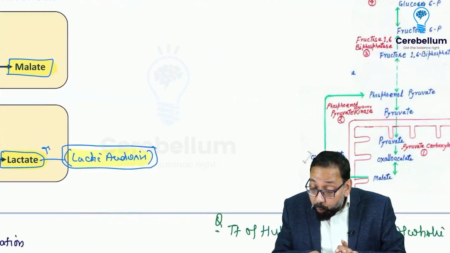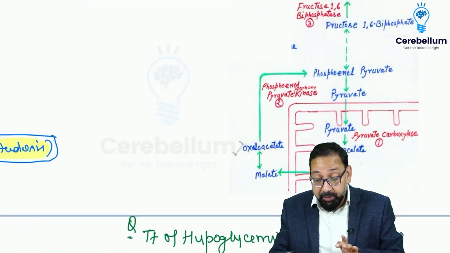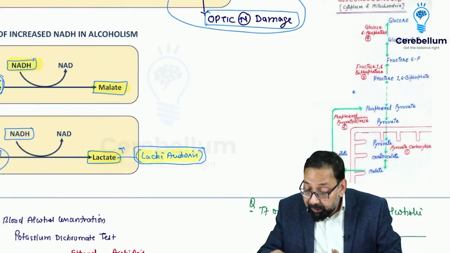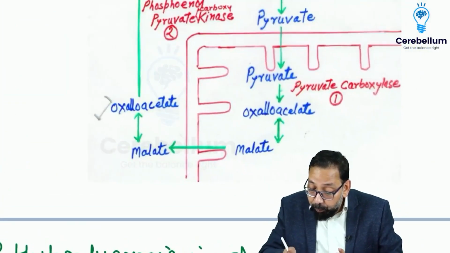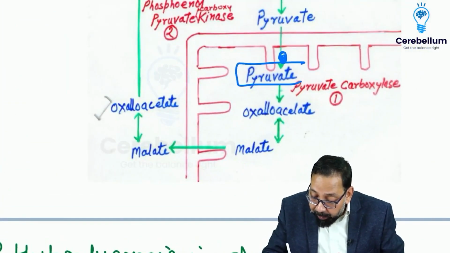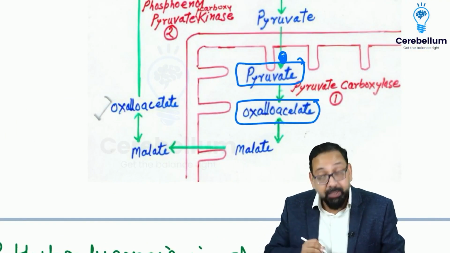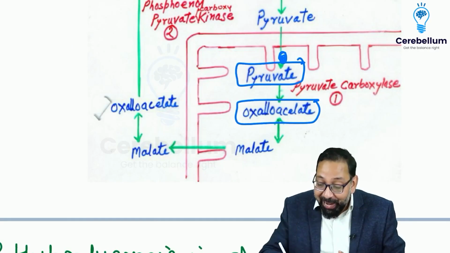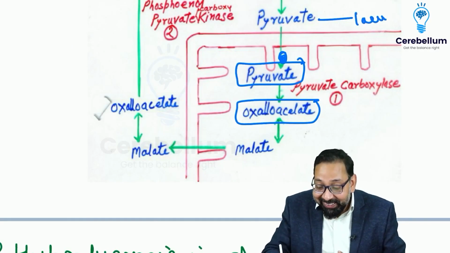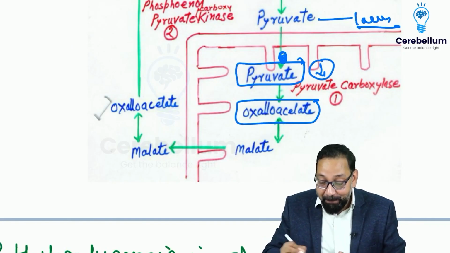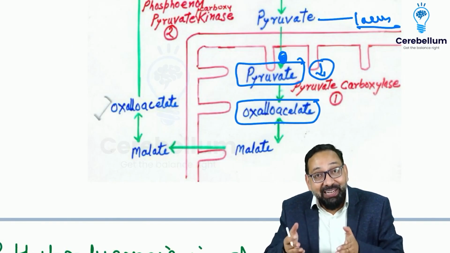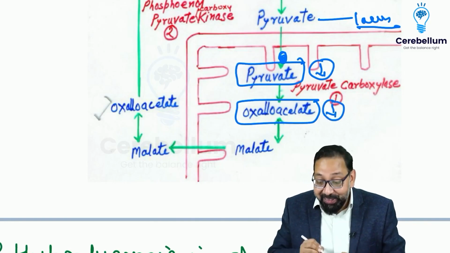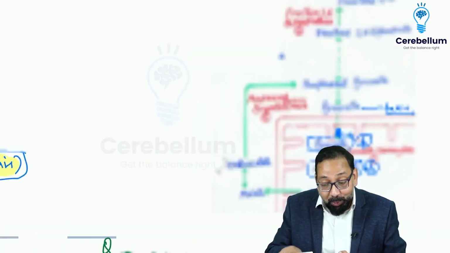And when pyruvate and oxaloacetate are decreased, you know gluconeogenesis. The first step of gluconeogenesis is pyruvate converted to oxaloacetate. In an alcoholic patient, NADH converts pyruvate to lactate, so pyruvate decreased. Oxaloacetate is converted to malate, so oxaloacetate decreased. So there would be no gluconeogenesis.